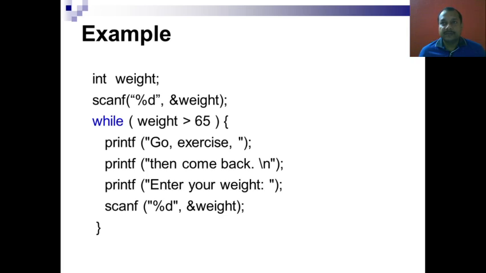If somebody gives a smaller weight, fine, I am not suggesting to go for exercise, so there is no harm. Irrespective of whether it is a negative weight or less than 65, I am not suggesting anything, but only if the weight is greater than 65 am I suggesting exercise. So checking on the input may not be required. You can give it, but it is not that much required here.